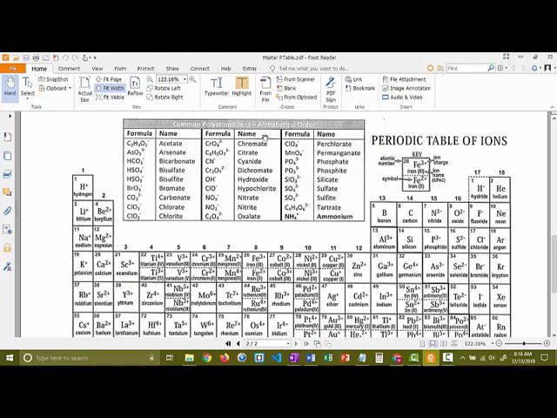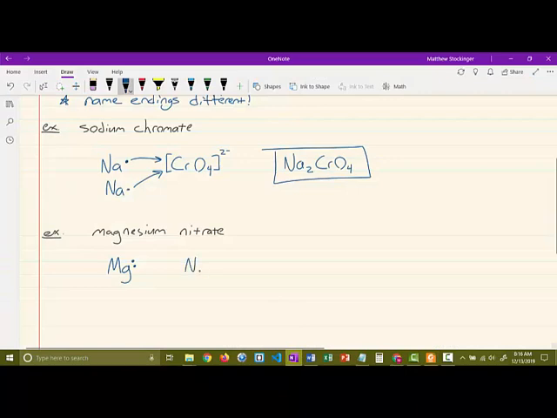Nitrate is different, it's up here in the polyatomic ions. Anytime you see something ending with ate with a T or ite with a T, that's going to be polyatomic automatically, and you should look up here. So nitrate here is NO3 minus. NO3, put it in brackets, with a negative charge.